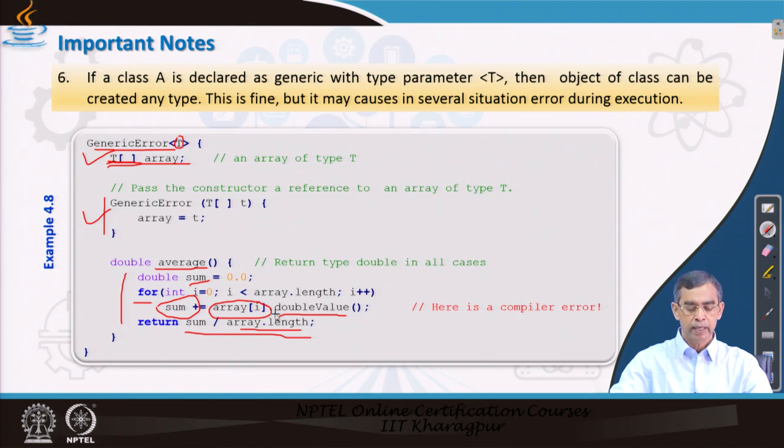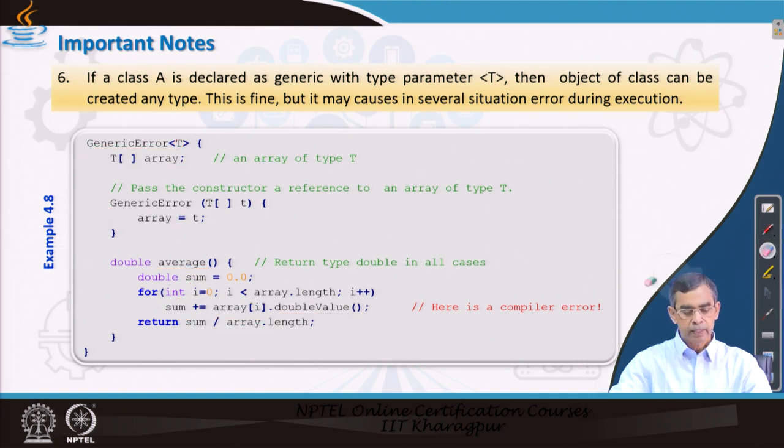So, doubleValue is required to be invoked there. Without this doubleValue, if we write it, it is not valid, and you will get an error at compile time. So that is why you have to call doubleValue.